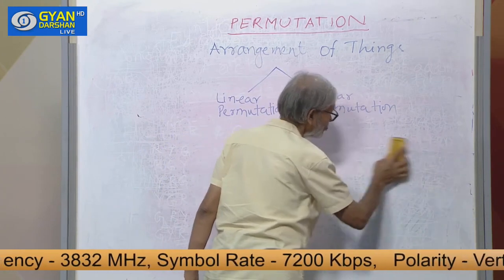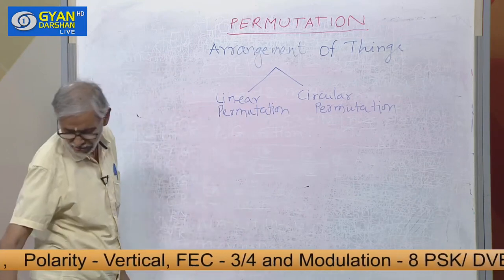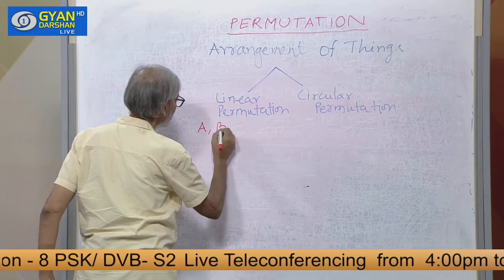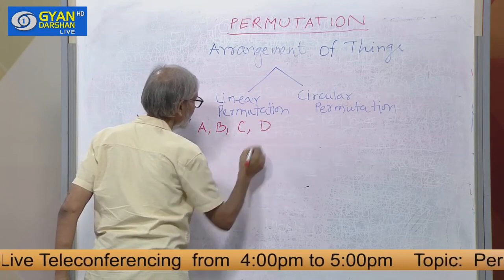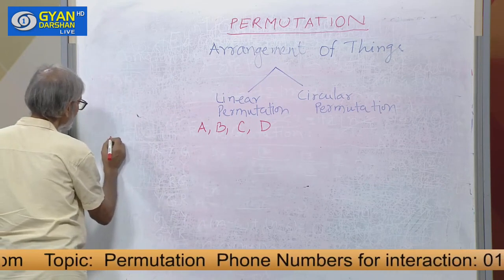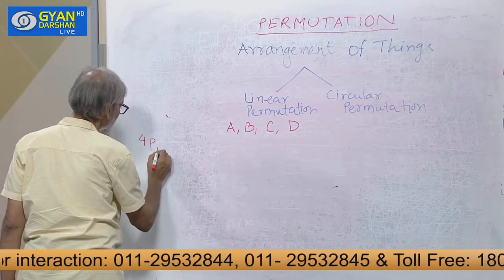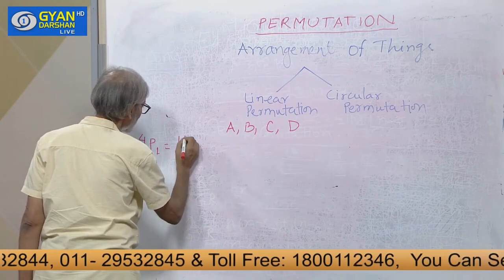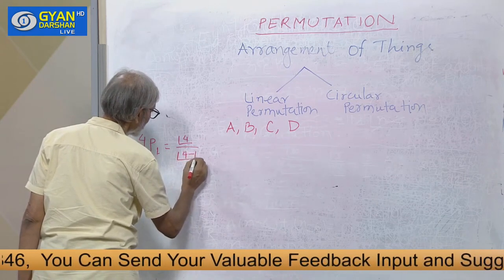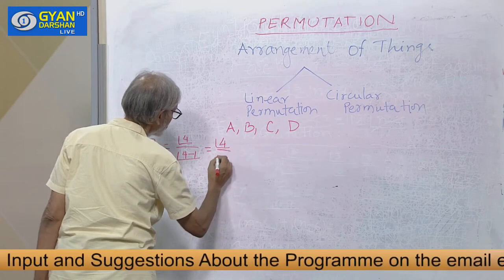So, suppose 4 things are there: A, B, C and D. Now, taking one at a time, so 4P1 is equal to factorial 4 divided by factorial 4 minus 1 is equal to factorial 4 by factorial 3.